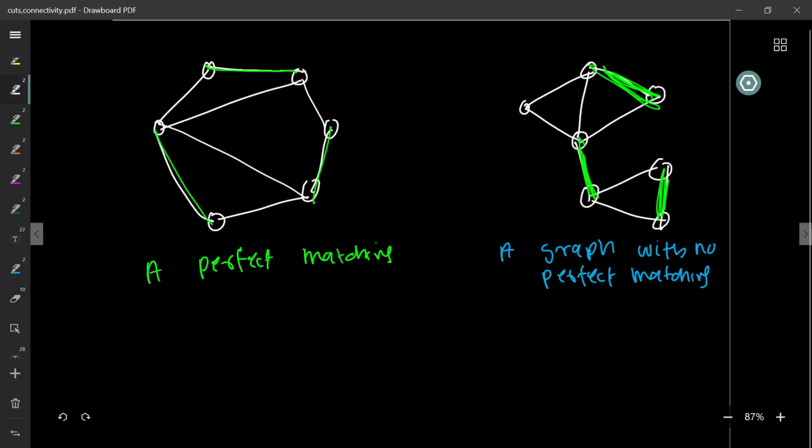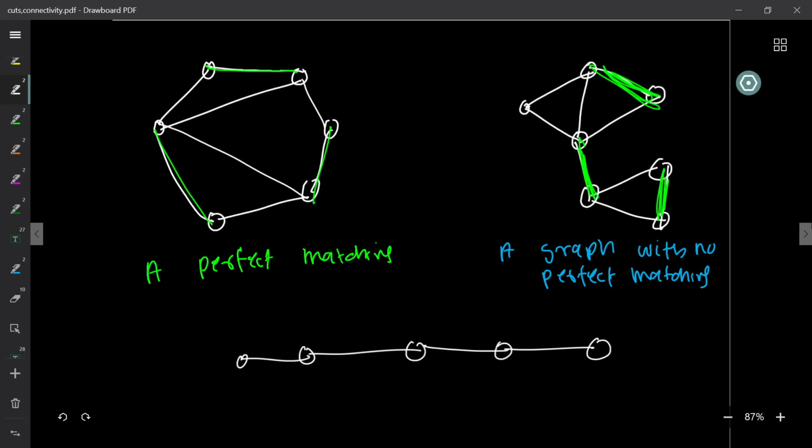So, for example, suppose you have this graph, and now you start by picking some edges to add into your matching. So I pick this edge. Now this edge is added to the matching M. Now, of course, I cannot pick this edge or this edge.